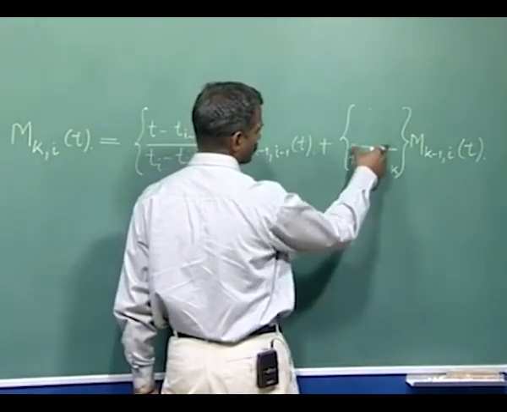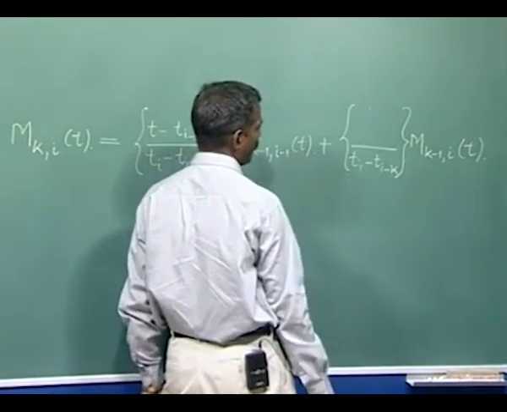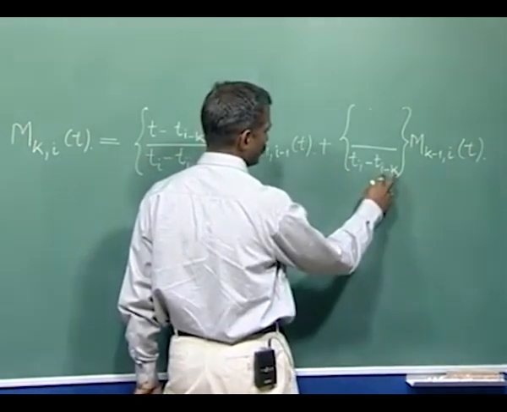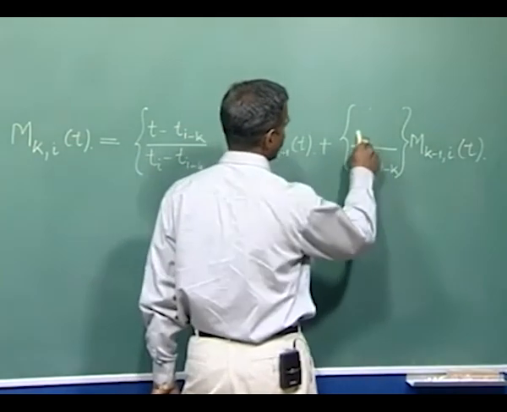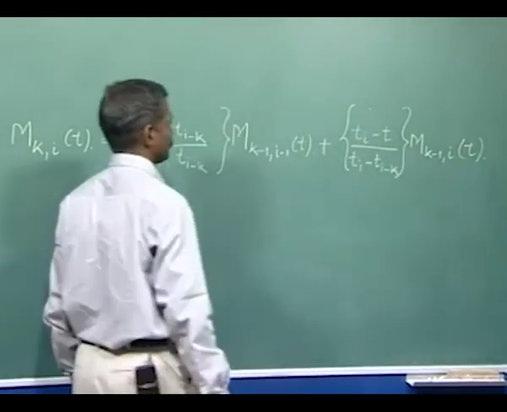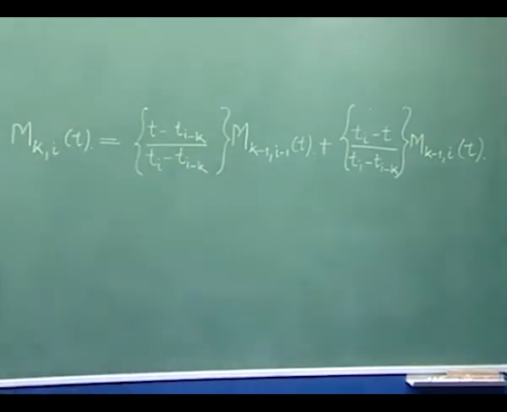I'll copy this expression here and I'll let go of the index here. This will be t_i minus t. It will take a little bit of practice for you to understand and remember this, but it is not very difficult.